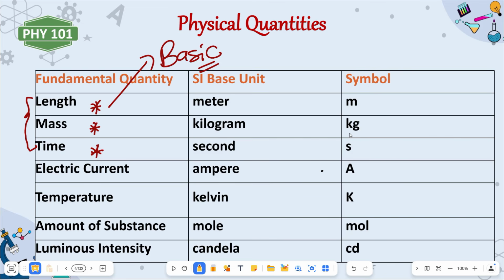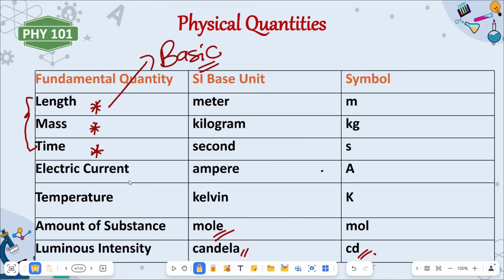Then we have others, like electric current, which is measured in ampere. Temperature is measured in Kelvin. Amount of substance is measured in mole, and the symbol is mol, without the e. Then we have luminous intensity, which is measured in candela, cd.